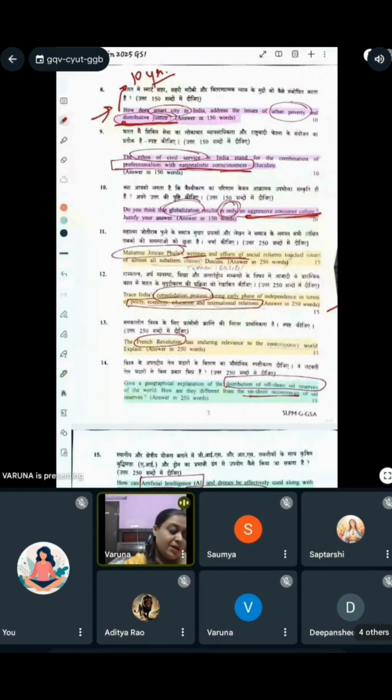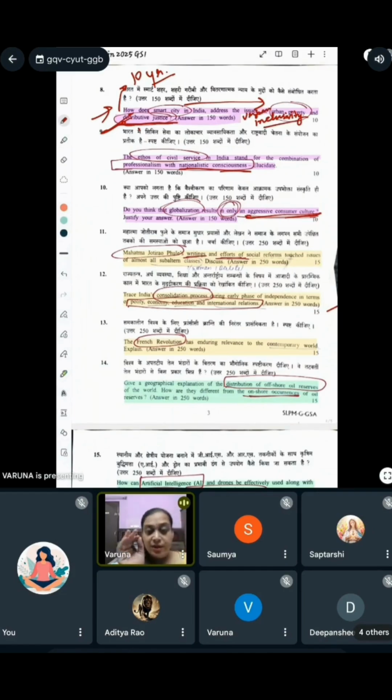Now the question demanded you to link the smart city mission with the issue of urban poverty and distributive justice. That is the inclusivity, or urban inclusivity.